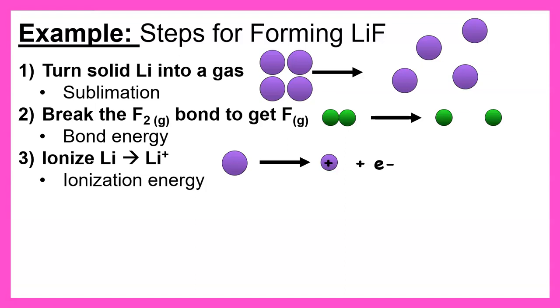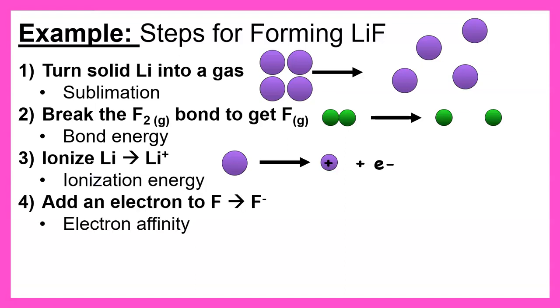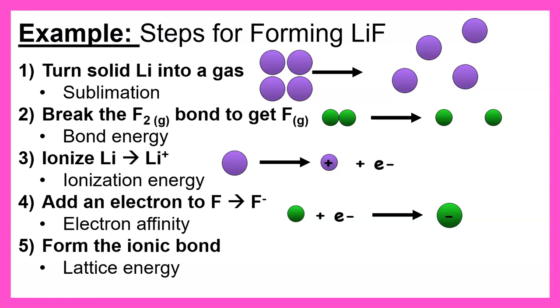Now, to get fluorine to turn into fluoride, it needs to gain an electron. That's not ionization energy. Remember, that is the electron affinity, gaining the electron. Now I have my purple cation and my green anion. I have a lithium ion and a fluoride ion, and now they can be attracted to each other to form that lattice.